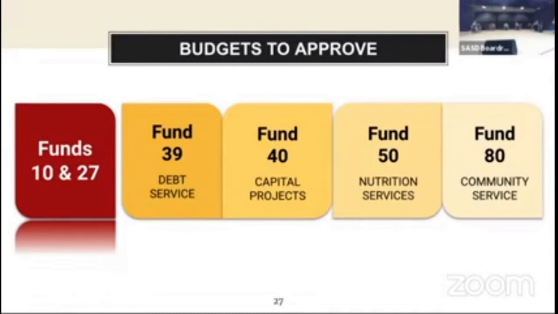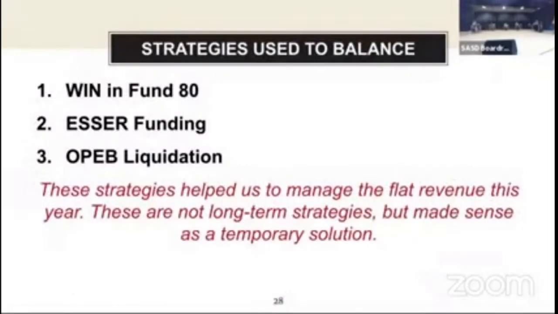Fund 40, we're sitting in a really healthy spot, with 3.5 million in Fund 46 and the potential to add up to another 800,000. Fund 49, we have about $1.8 million in the Herman referendum left to decide what to do with. Fund 50, we're keeping a close eye on, and then Fund 80, we're proposing adding the WIN. Next slide, please.